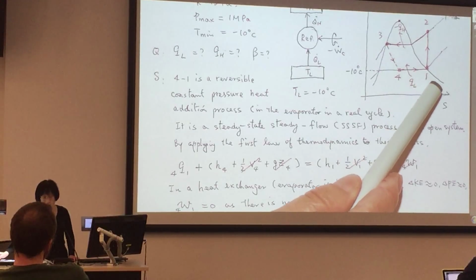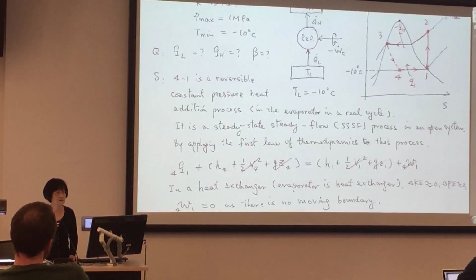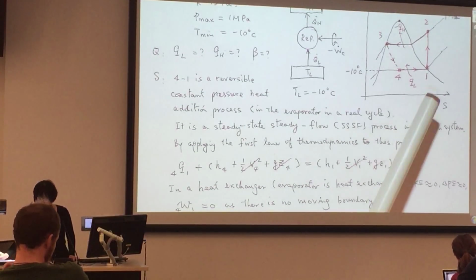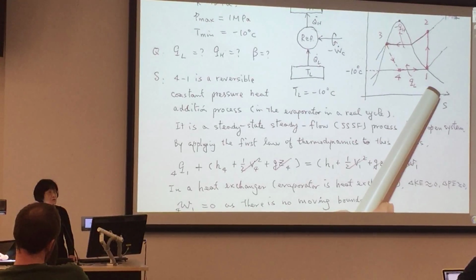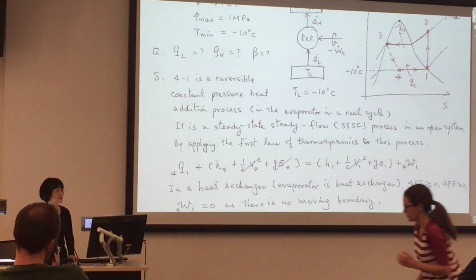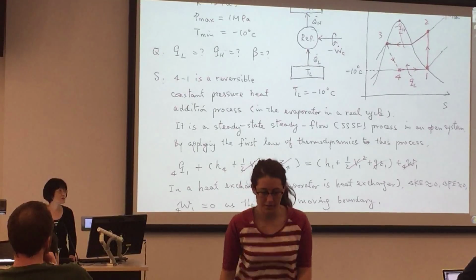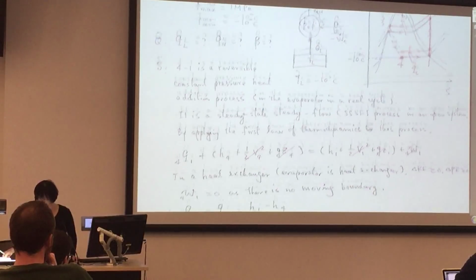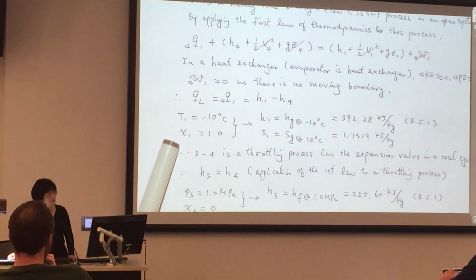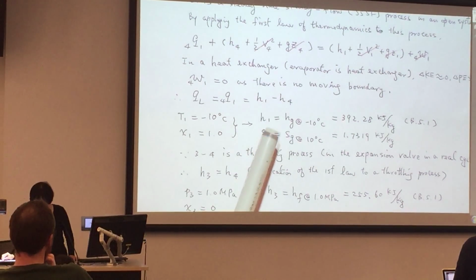For state 1, in a standard case, say the ideal case, it's a saturated vapor. So quality is equal to 1, and what's the temperature? Minus 10 degrees Celsius is given, right? So we have two independent properties for state 1. That's how we can find enthalpy.